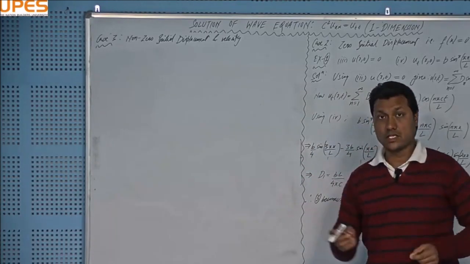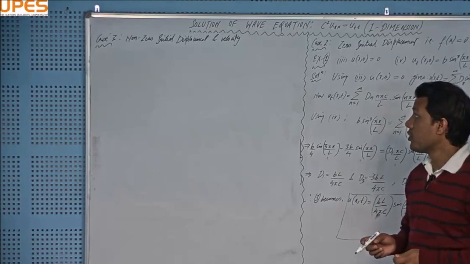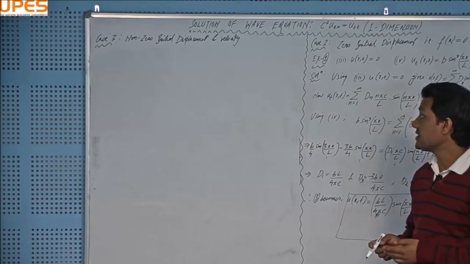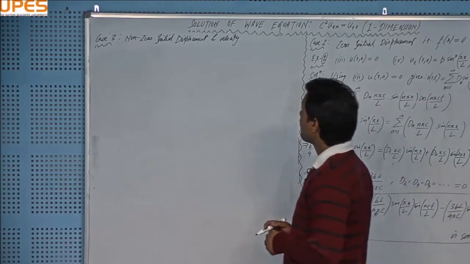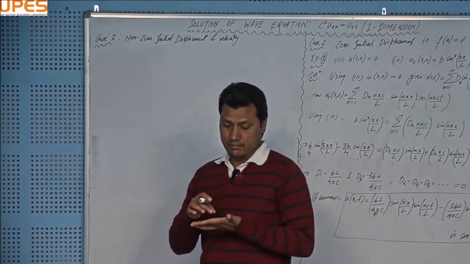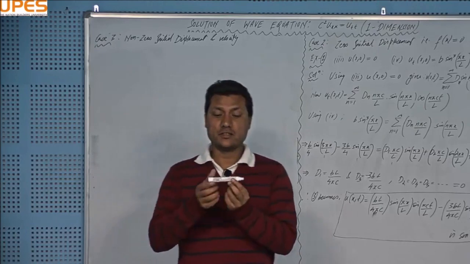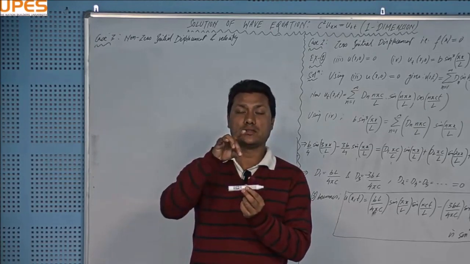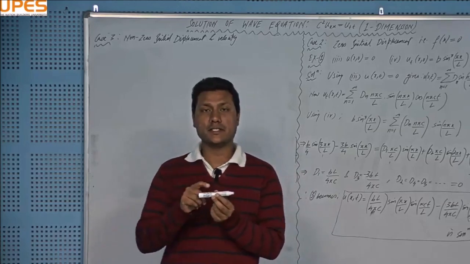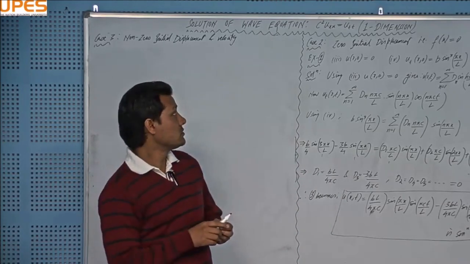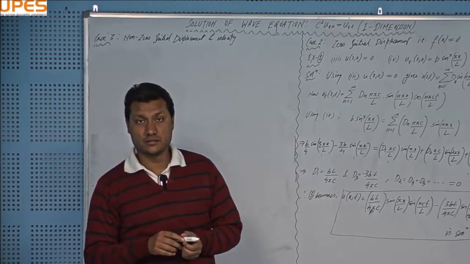thinking of that guitar string, right? If you want to give the non-zero displacement and non-zero velocity, that can only be done by picking one of the points of the string. If you pick the middle point and you pull it, and you just do not release it like we did earlier, that will produce a zero velocity case.